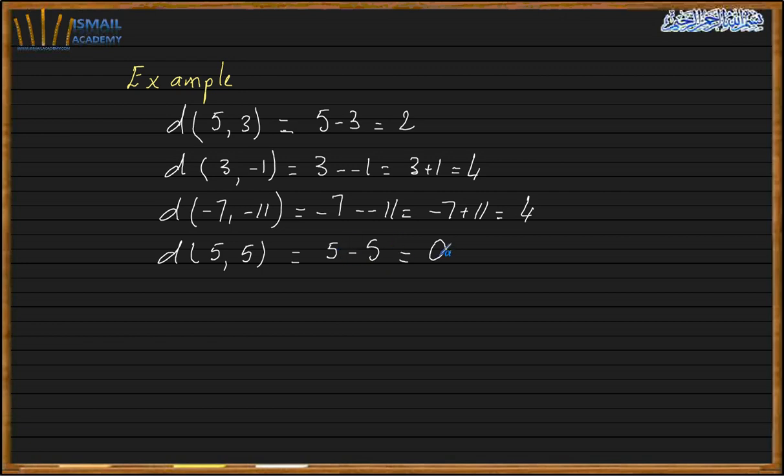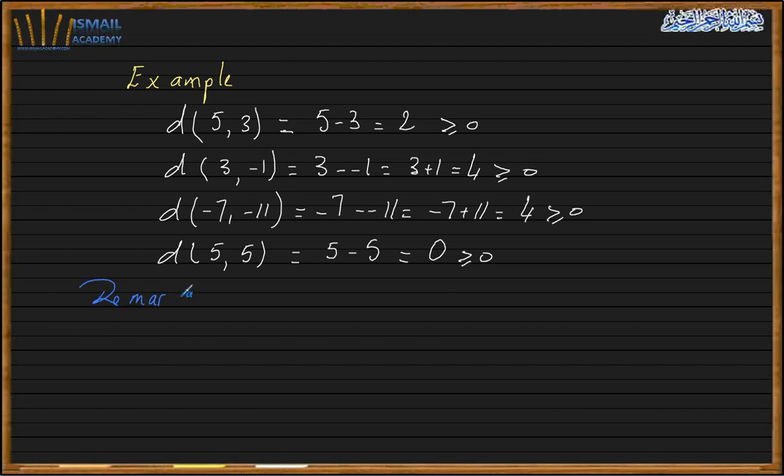So that's the idea. As you see here, even when we pick a negative number, this is greater than 0, this is greater than 0, this is greater than 0, and this one is equal to 0, which means the result is greater than or equal to 0. So the distance is always greater than or equal to 0, which means the distance is always a positive number. So this is a remark you need to have.